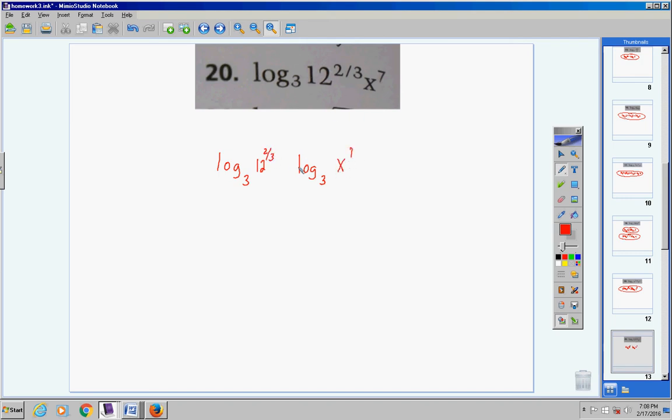Because they're multiplying, we'll put a plus sign here. And here we go. This 2/3, of course, would be moved out here. And this 7 right here would be moved to the left of the logarithm. Right here. And that is your answer. Let me check it real quick. Yes, that is correct. So not too difficult, guys.